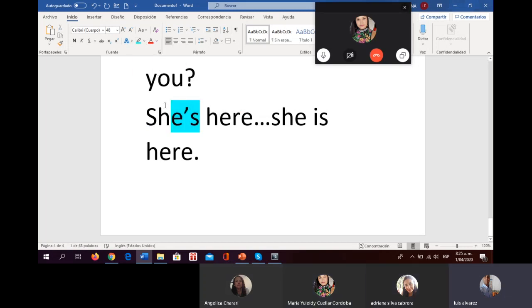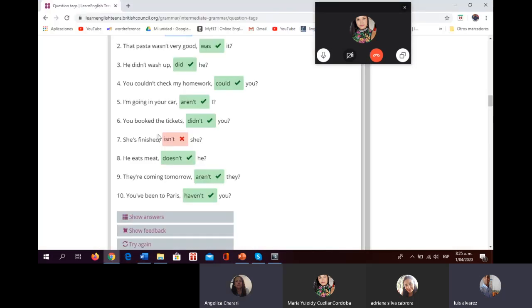This is the contracted form and this is the full form. Okay, teacher. But the context gives you the idea. In this case, we didn't look at the verb that was in the past. Be careful. But in general terms, you did it very well.